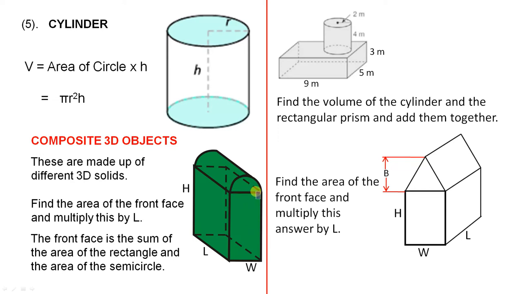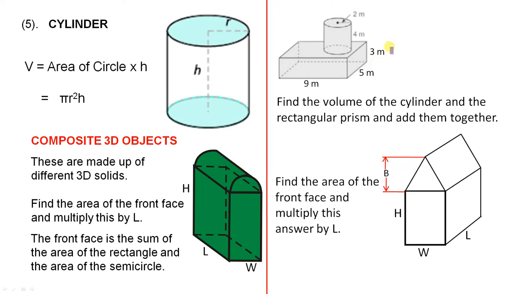When you're given the diameter, you know the radius. So you've got all the information to find the area of the front face. Once you do that, you just multiply it by L.